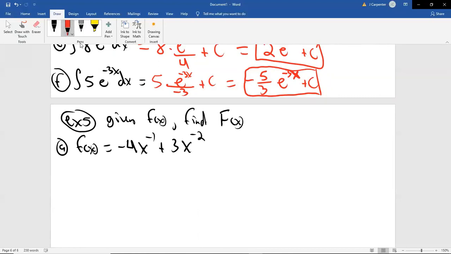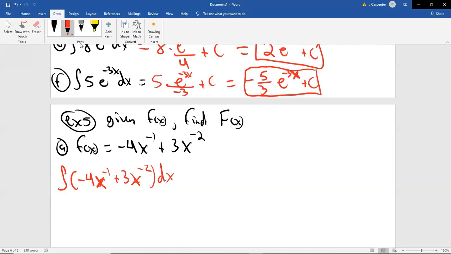Because we're given a lowercase letter and asked for an uppercase letter, we know we have to do this integral. There's multiple terms, so wrap it in parentheses. Now, what I love about this problem is it's a mixture of the power rule and something else.